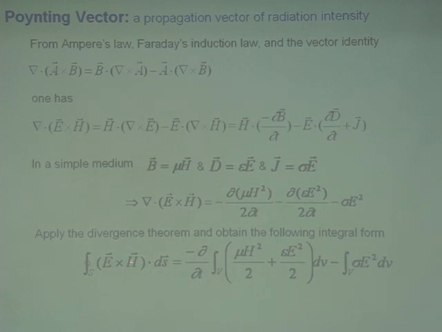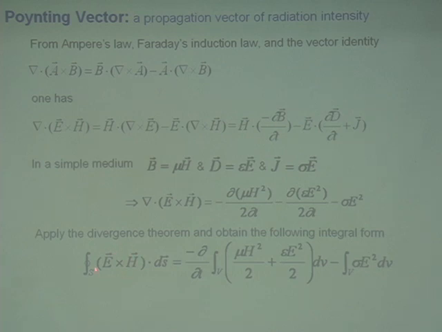Because the direction of ds is always outward, you are calculating how much energy is radiated outward. It is equal to the decrease of the internal energy plus the consumption of the energy inside the material.